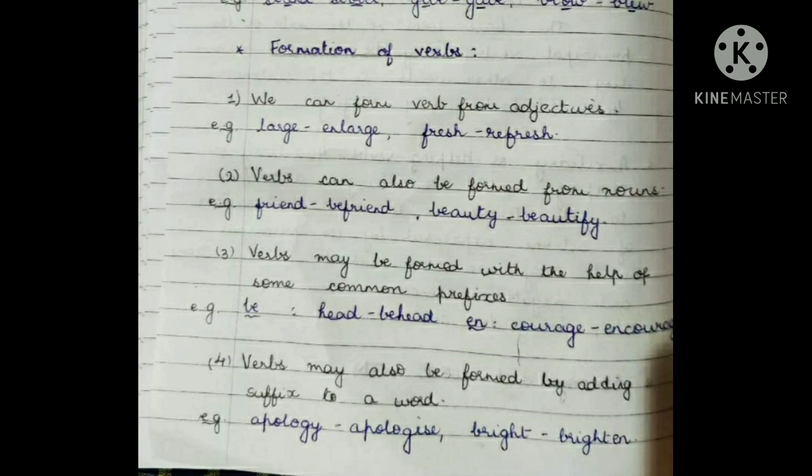For example, apology: by removing the y and adding ise, it becomes apologize, which is the verb form. Bright: we add en at the end of the word and it becomes brighten, which is the verb form of bright.